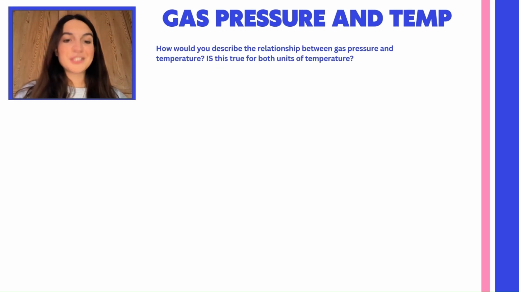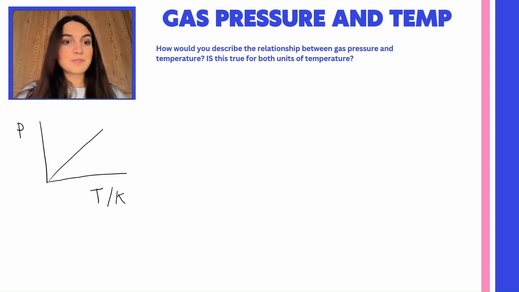Okay, how would you describe the relationship between gas pressure and temperature, and is it true for both units of temperature? If I'm thinking about the relationship between the pressure in my gas and the temperature of my gas, what comes to my mind first is the graphs that we have.